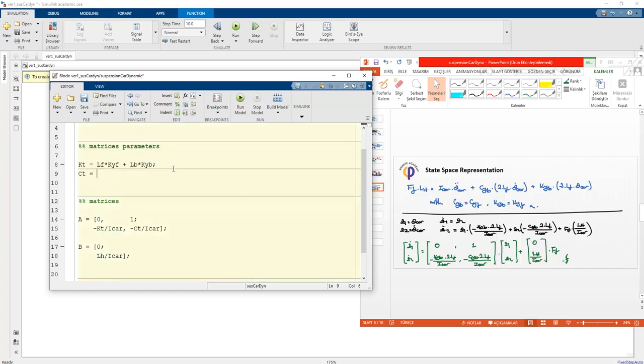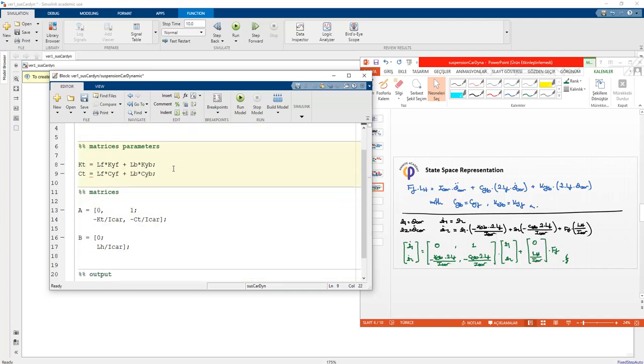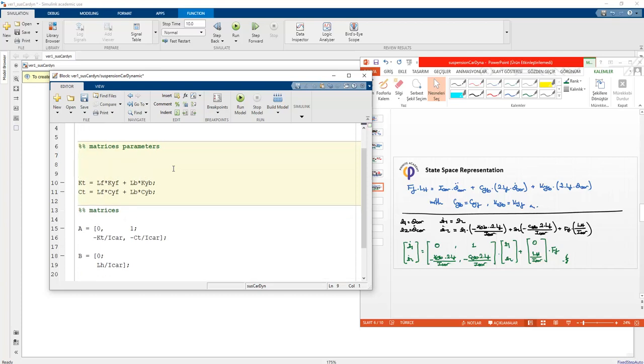Ct is equal to the what? Ct is equal to the Lf times Cyf plus Lb times Cyb, okay? This is our general notation. And so I car should be provided by using 1 divided by 12 m car times what?